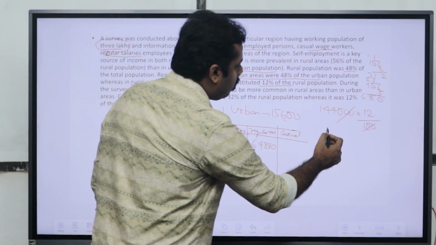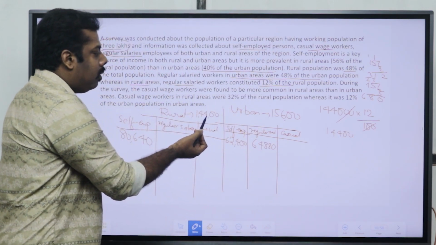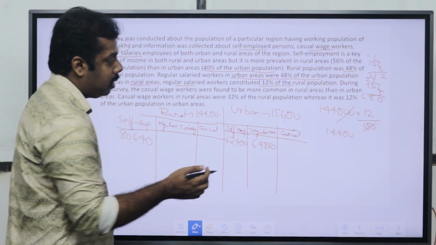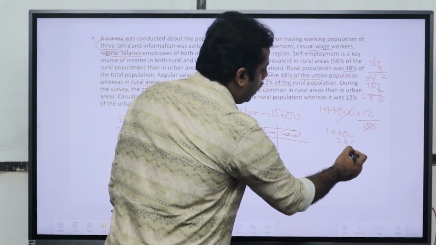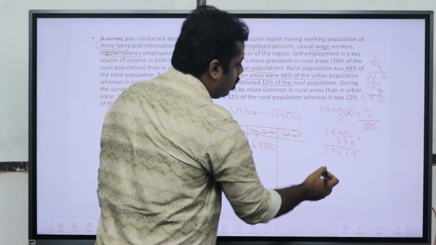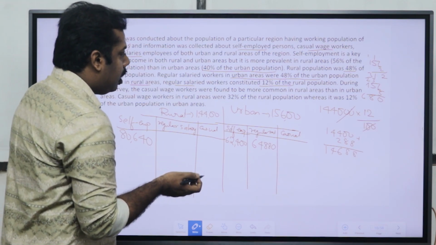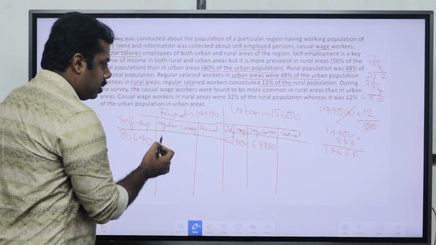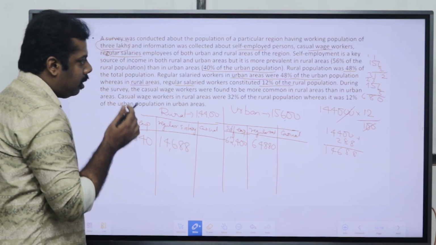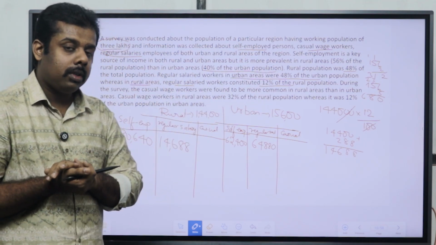So 14,400 is the 10 percent, and then 2 percent will be what? 1 percent here is 1440, so 2 percent will be 2880. Just adding both values, we get 14,688 in the case of the rural population. So that is the regular salaried persons in the case of the rural population.